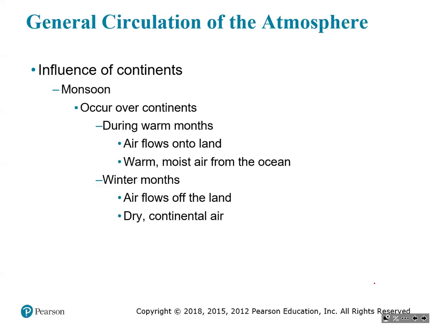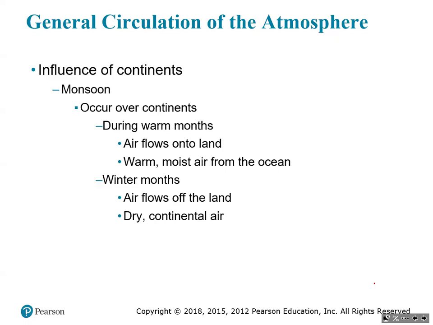So some effects of this influence. You can get monsoons that occur over continents. During the warm months, air flows onto the land. You get warm, moist air from the ocean. You get lots of rain. During the winter months, air flows off the land.